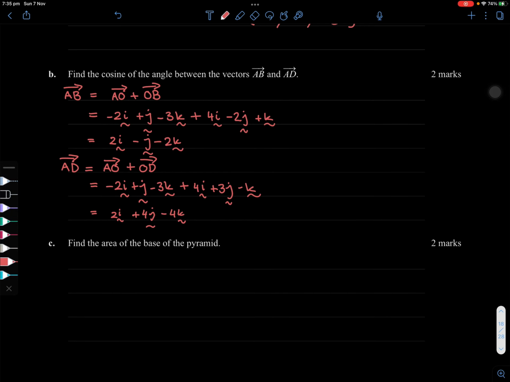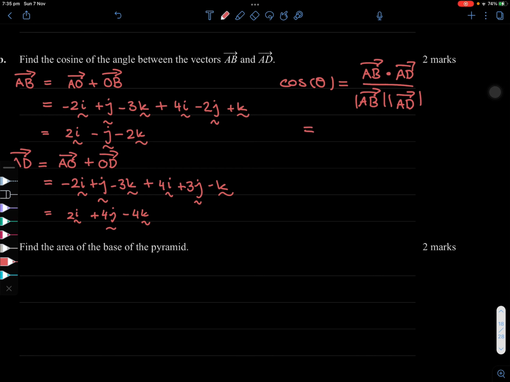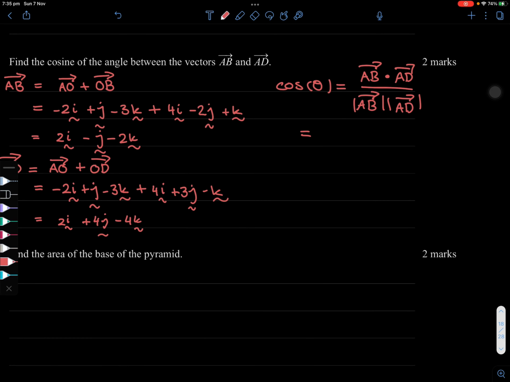Now, it wants the cosine between those vectors. So the cosine between those vectors is going to be AB dot AD over the magnitude of AB times the magnitude of AD. Now, the dot product between those two vectors that we just found is going to be 4 minus 4 plus 8.